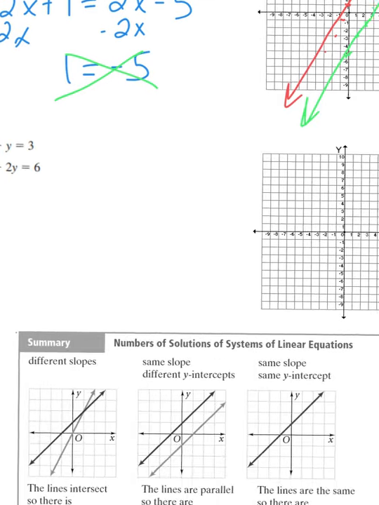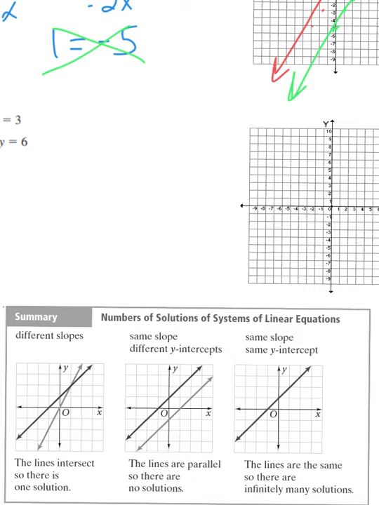The second one, for B, I think will be easier to solve using elimination. So I'm going to multiply the top by negative 2. So I'll get positive 4x minus 2y equals negative 6. Now I have to add these two equations.